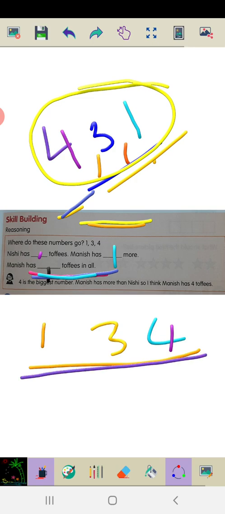Don't take help from your parents to get the numbers. What should be the number on the first blank, what should be the number on the second blank, this is your job. Think in multiple ways and get the correct answer. Okay.